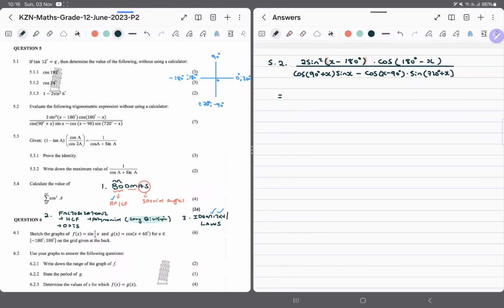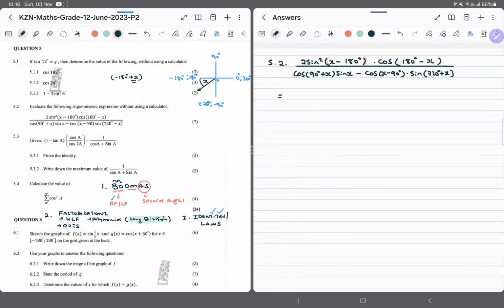Now, when we say 180, this is the same as having minus 180 degrees plus x, isn't it? Just rearrange that. Now minus 180 is over there, and then once we add, we're going anti-clockwise. So this means our angle theta or x is this angle right there.